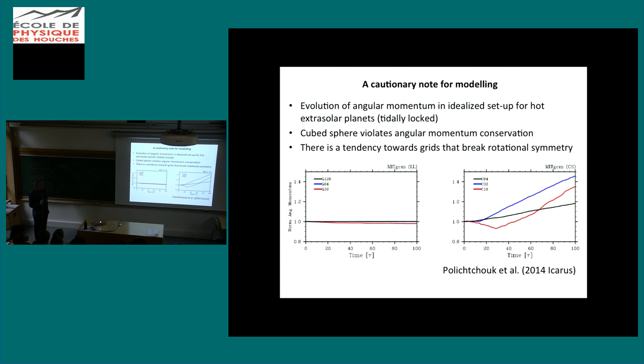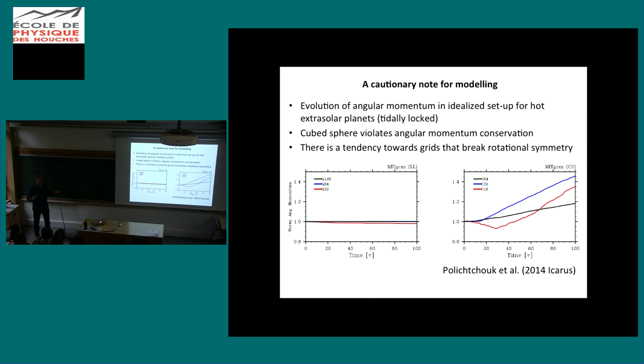This is just the angular momentum, and a bunch of different models. The spectral models conserve angular momentum exactly, as they will, of course. The MIT GCM in lat-long conserves if you go to high enough resolution, but the cube sphere is a disaster, and they get all sorts of spurious effects. It makes sense. They've broken a rotational symmetry, right? Don't ask me what the cube sphere is.